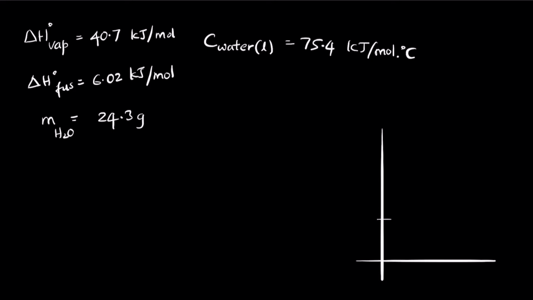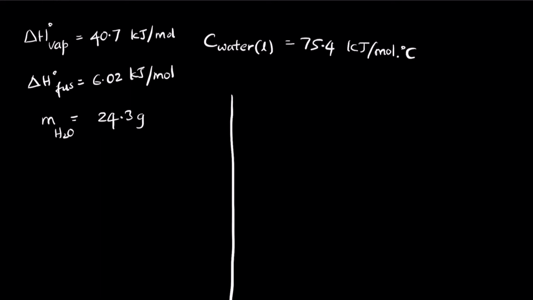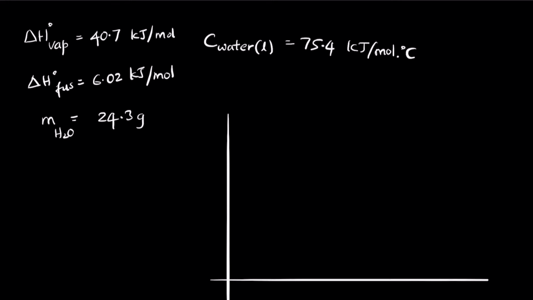First there is a constant rise in temperature until 100 degrees centigrade, and at 100 degrees centigrade it lays flat, and then again it rises until it reaches 117 degrees centigrade.